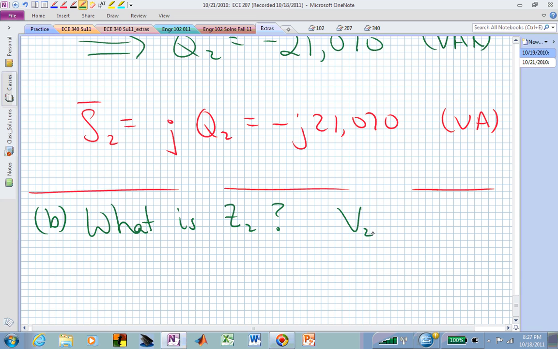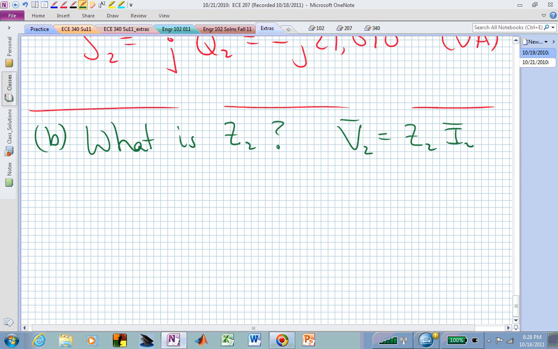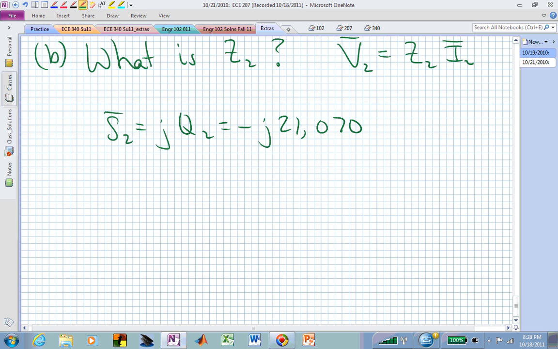And we know that V sub 2 is equal to Z sub 2 times I sub 2. That's just Ohm's law in the complex expression, or in the phasor form. S2, again, was j Q sub 2, which is minus j 21,070. And we can relate several formulas or derive several formulas.